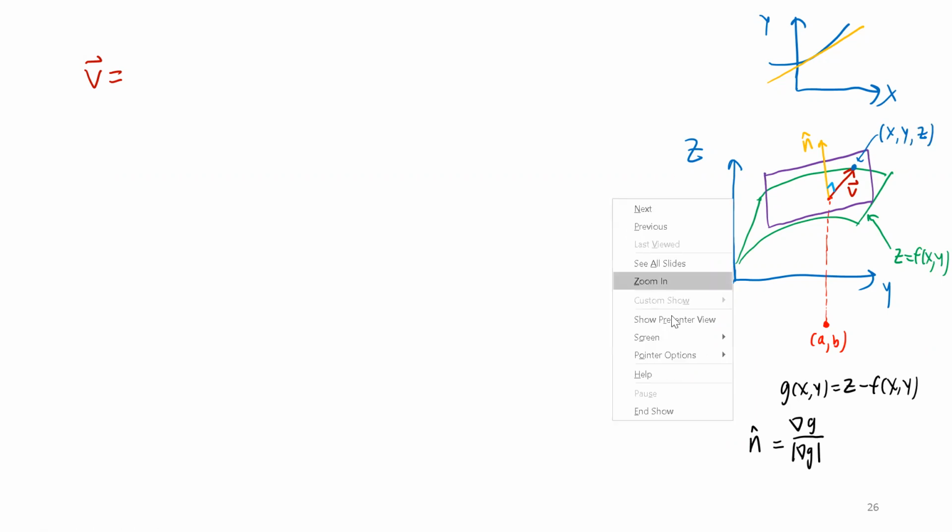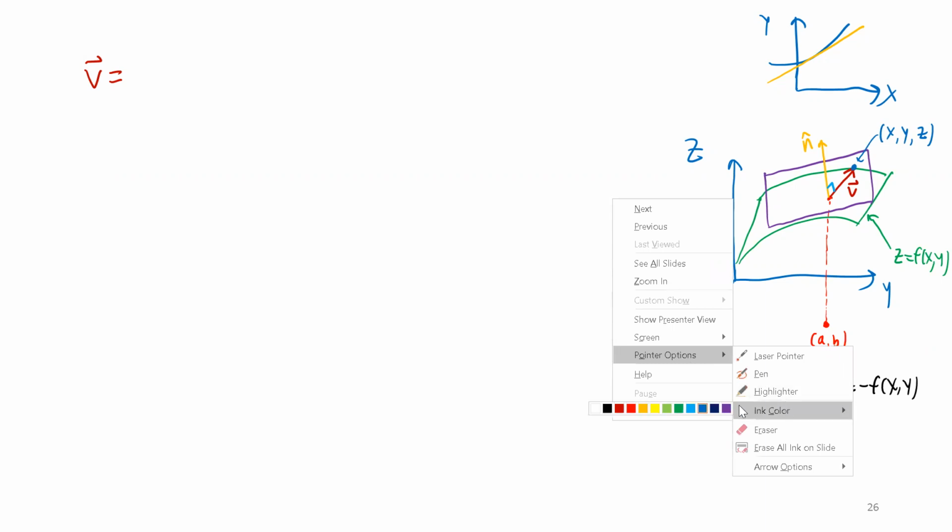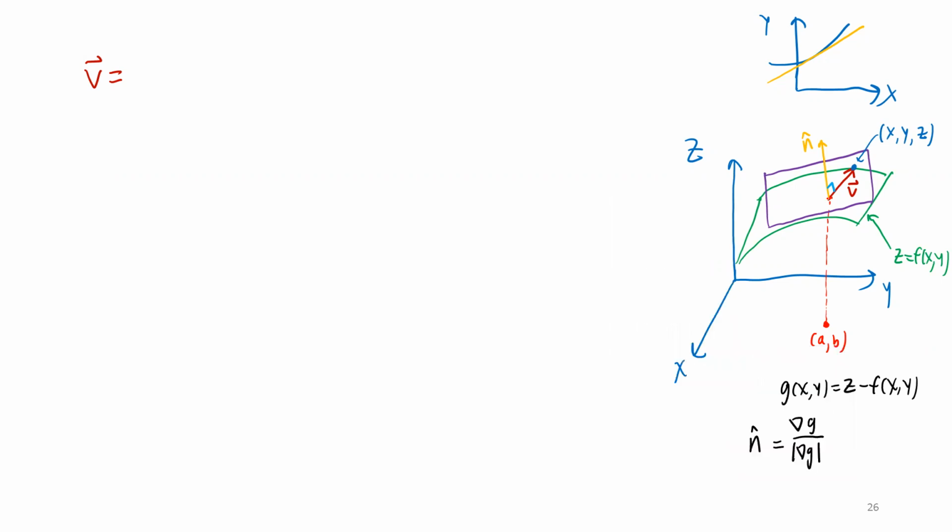And then at the tail of this v vector over here, what is the coordinate of this point? Of course, it is a, b, and f of AB.